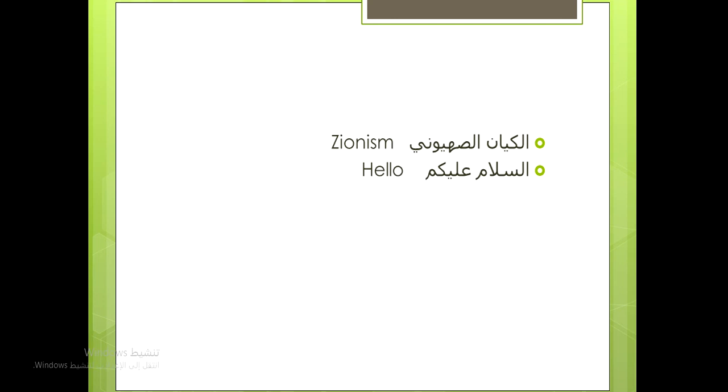So translating الكيان الصهيوني as Zionism may lead to some problems regarding the Western community or audience. This is why some translators suggest that the best translation for الكيان الصهيوني is simply Israel, instead of translating it as Zionism, paying attention to the target audience. Another example is Assalamu alaikum.